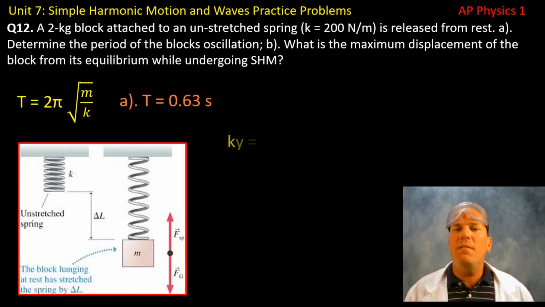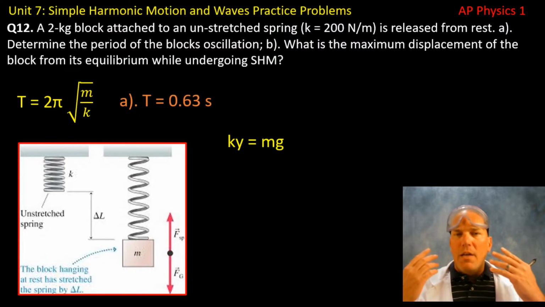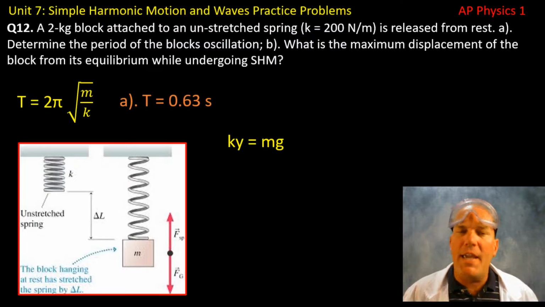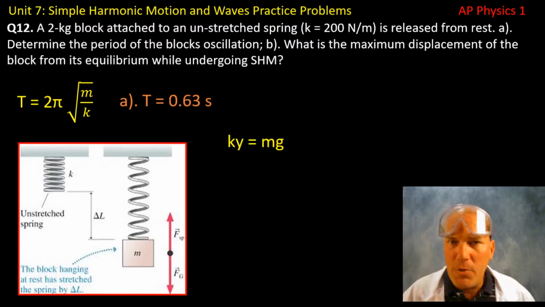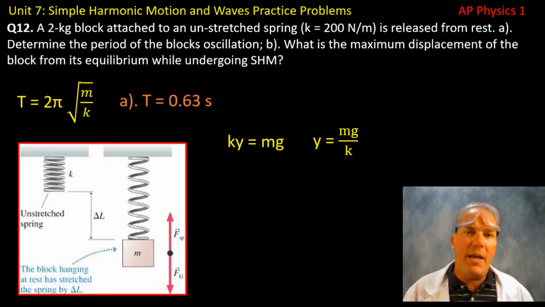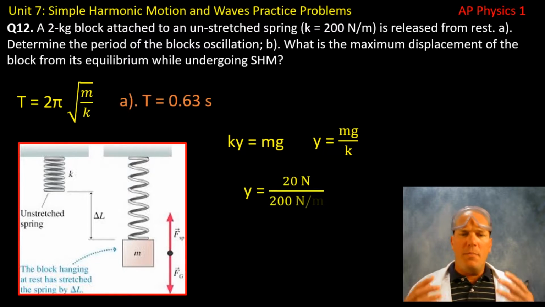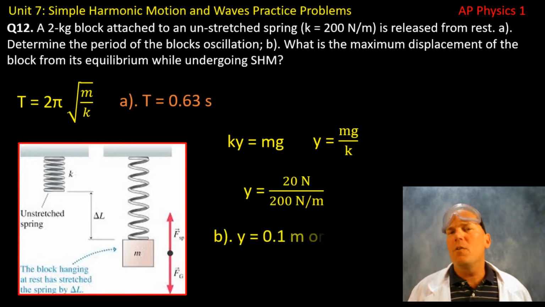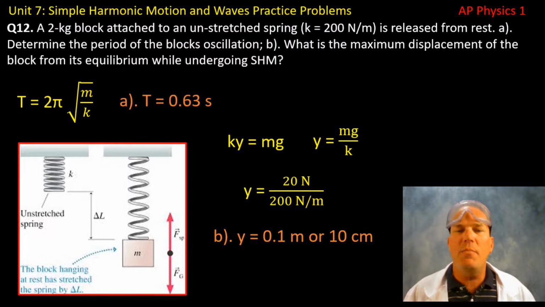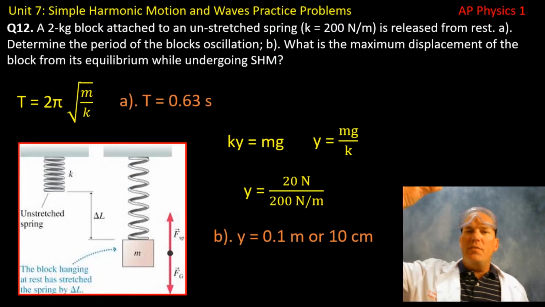Part B, we need to find the maximum and minimum displacement from equilibrium. From questions 10 and 11, we've shown from the vertical summation this to be true. Dividing both sides by K allows us to find the vertical position, and by doing so, we find the vertical position to be equal to 0.1 meters or 10 centimeters, which is the displacement of the block from equilibrium when it is released from up top.